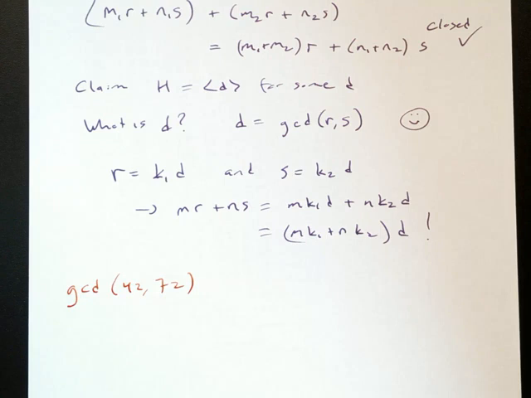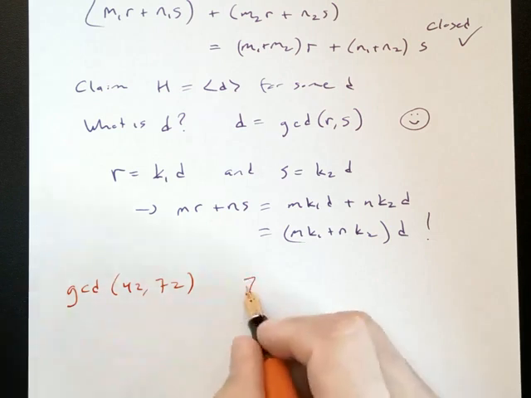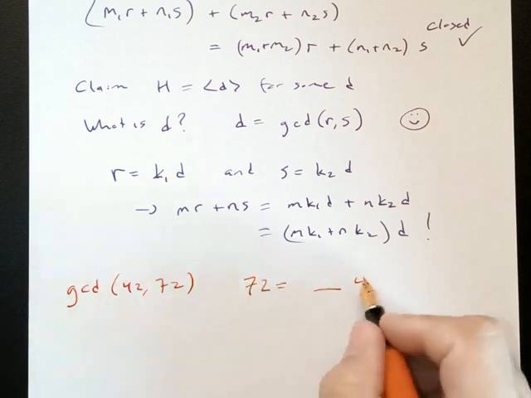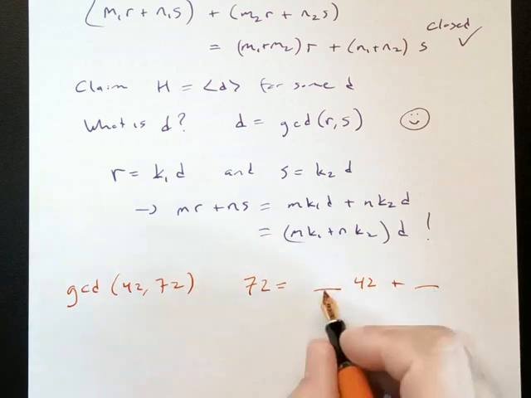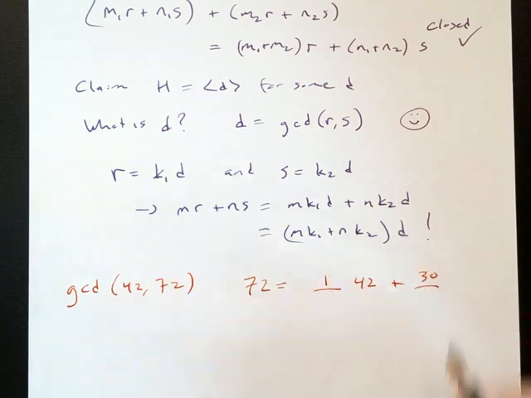You take 72, divide by 42, and find the quotient and remainder. So there's 1 42 and 30 left over. Now what?